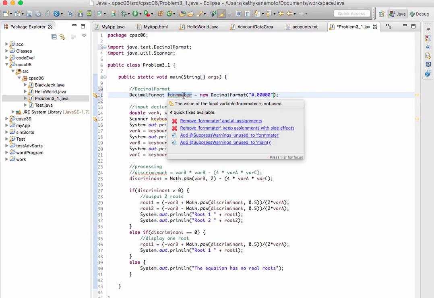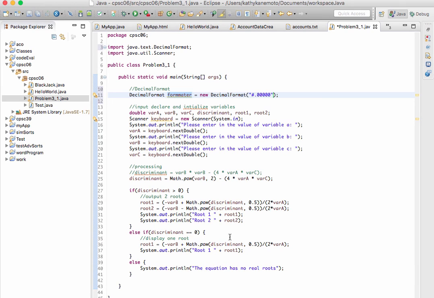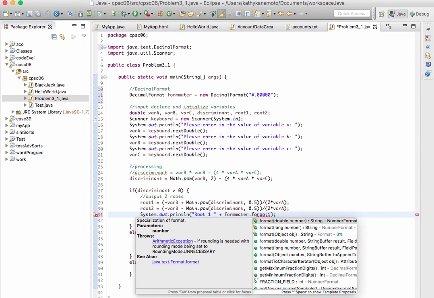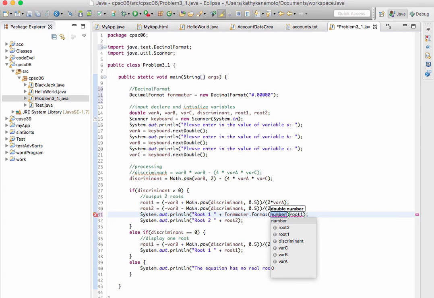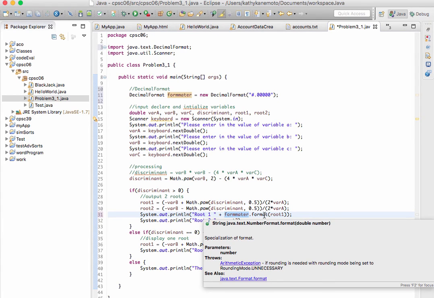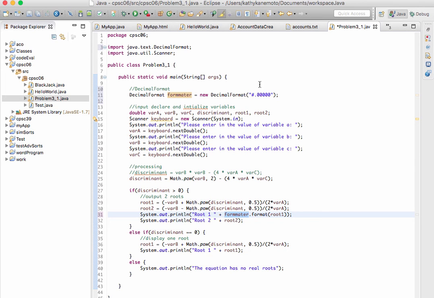I'll go ahead and use my formatter object now when I do my output. It has methods just like our keyboard had methods. Our Scanner object had methods. So this formatter object has methods, and one of its methods is the format method. And in the format method, you give it a double value as an argument, and it formats it to how you constructed it up here.